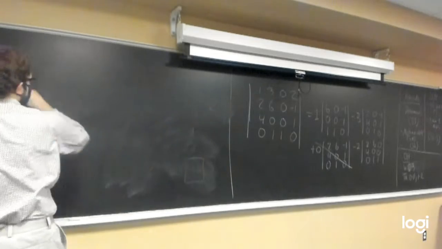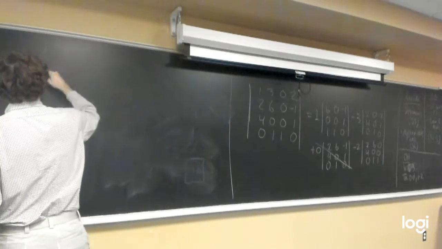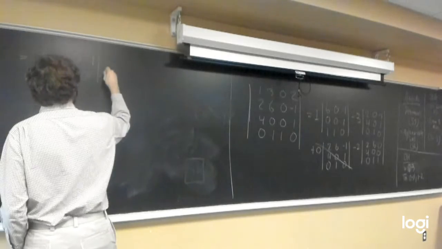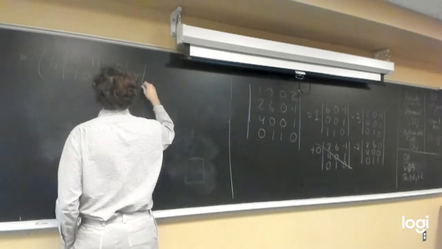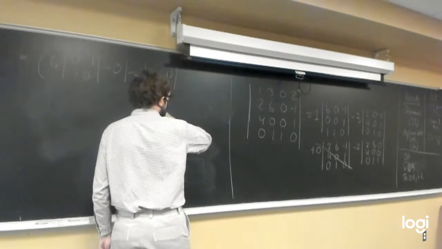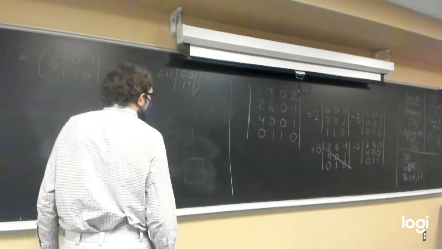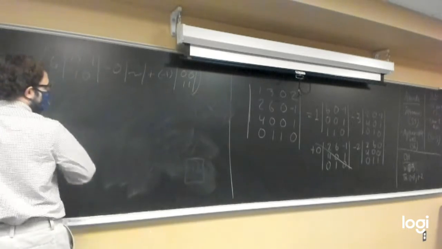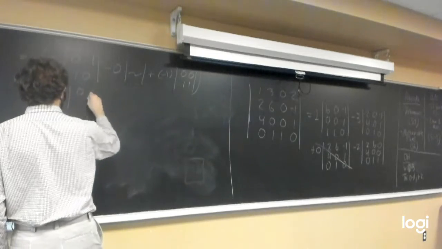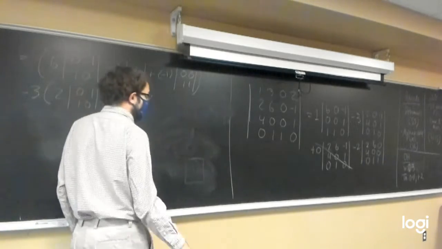is going to be, let's see, 6. The first one, we're multiplying by 1. That's going to give us 6 times the determinant of 0, 1, 1, 0, minus 0 times, who cares, minus, or plus, a -1 times the determinant of 0, 0, 1, 1, minus 3 times the expression 2 times determinant of 0, 1, 1, 0, minus 0 times, who cares again.